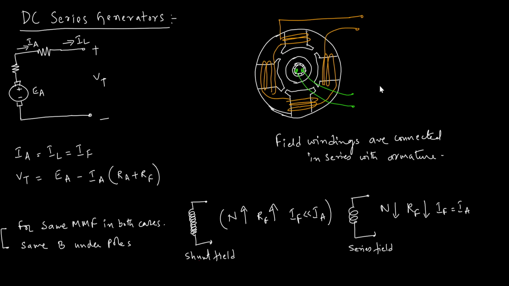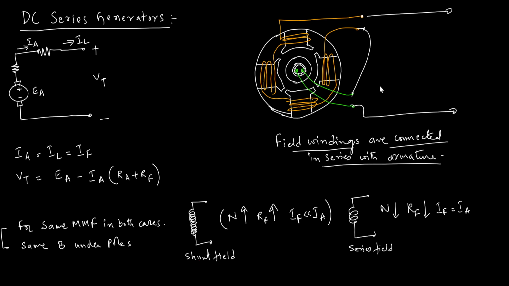Here in series generators, the field windings are connected in series with the armature circuit. So all series windings are connected and brought the terminals outside like this, and the armature terminals are brought like this, and they are now connected in series like this.